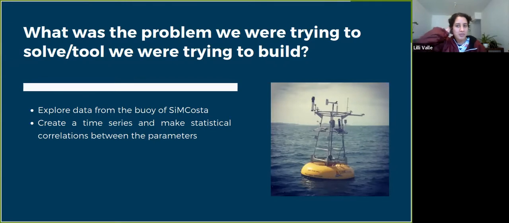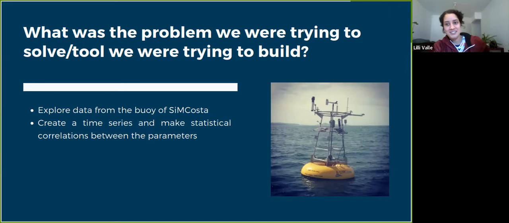Now talking about the reason for our work, the problems we want to solve and our goal, and with the fact that we have data from the SiMCosta Buoy, which stands for Brazilian Coastal Monitoring System, and collects oceanography and meteorological variables.